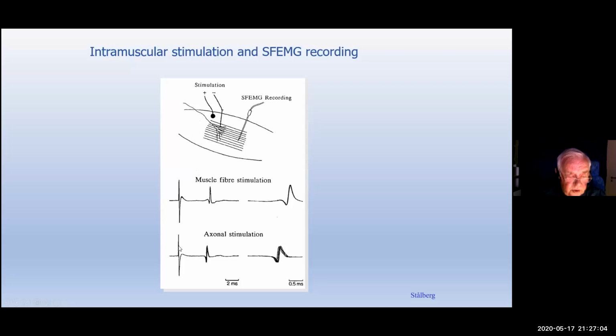Here's stimulus artifact. Here is the variability. Here you see the jitter with the better blow up. And you say, how do you know that you're stimulating a nerve and not the muscle fiber? There are much more muscle fibers than nerves. Yes, first of all, nerves are more excitable, so it's more likely that we stimulate a nerve. But if we stimulate a muscle fiber directly, we have no motor end plate involved.